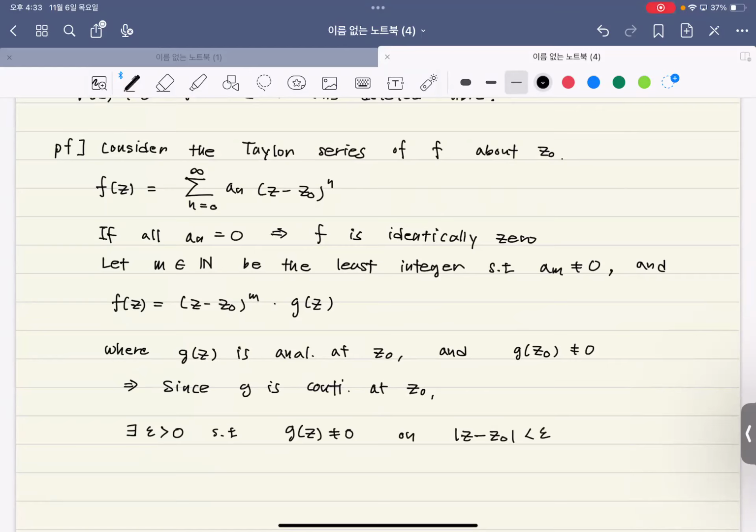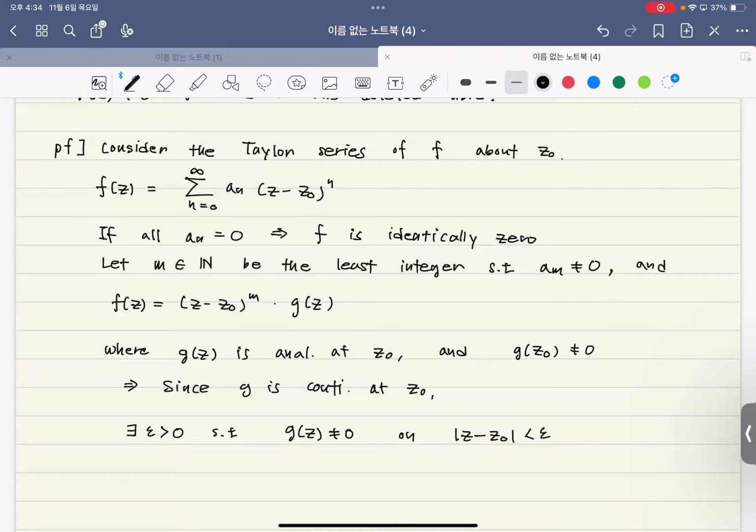This is what continuity means: if my function value at z0 is non-zero, then you can find some epsilon neighborhood of this point so that my function value never equals 0 in that neighborhood.